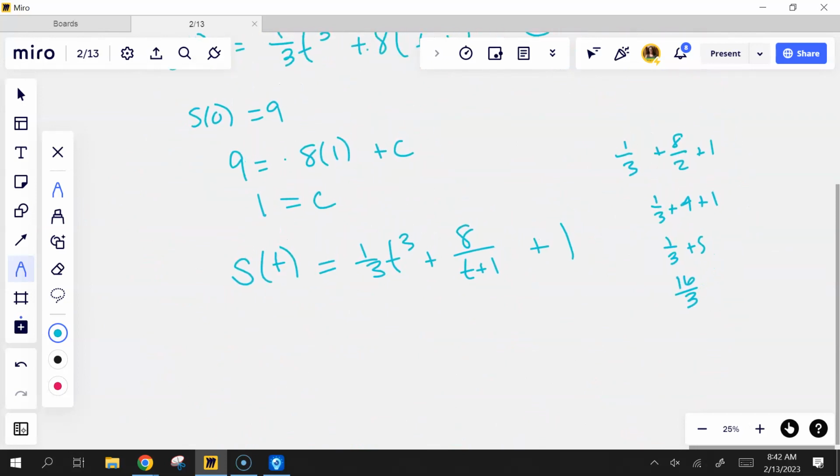Well, you can go ahead and do it. S of 5 would be 1/3 times 5 cubed, 1/3 times 125, plus 8 over 6 plus 1.